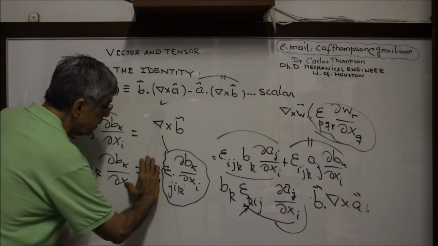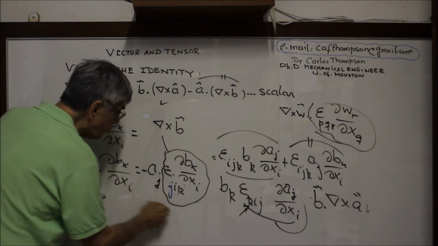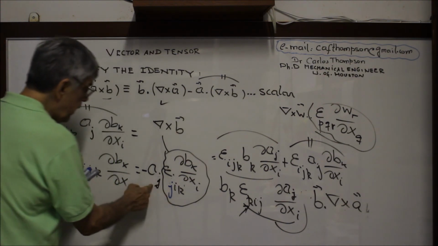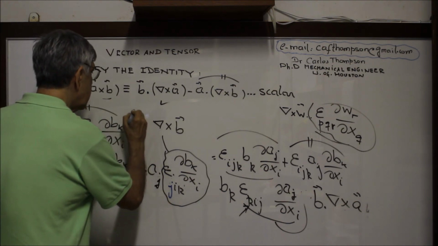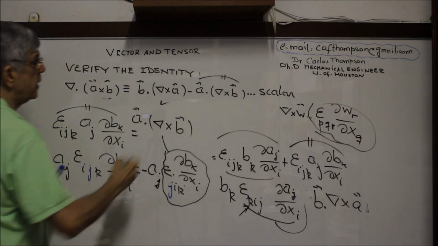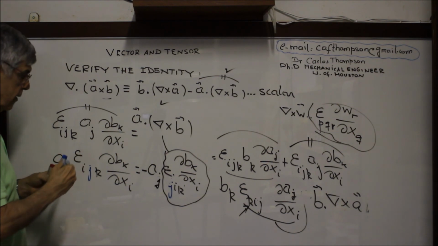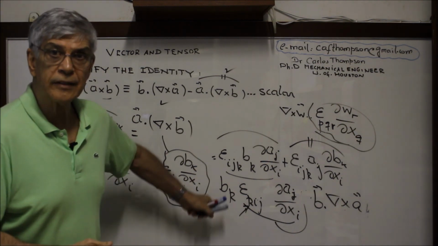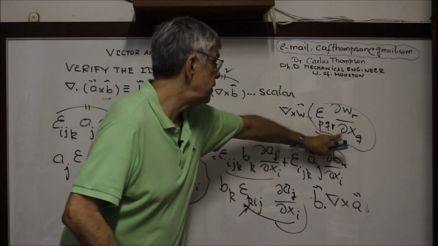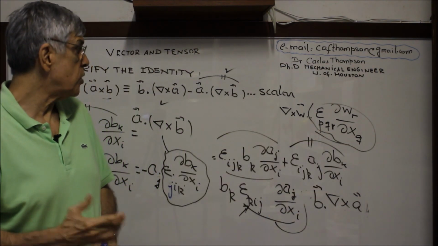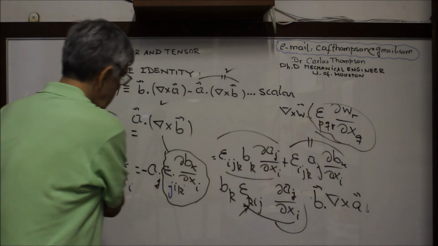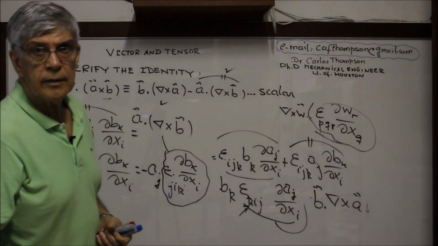It is the blue one. For this whole term, J is now dummy. So this will be A dot the curl of B, which is okay. Now you have to pay attention and write this down: the rotational or curl of W, and use these in this whole development.